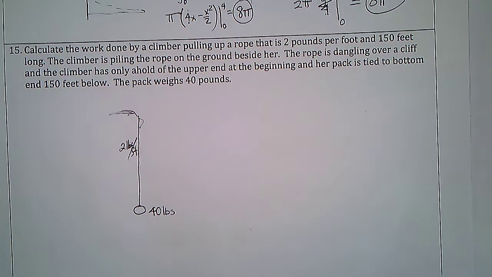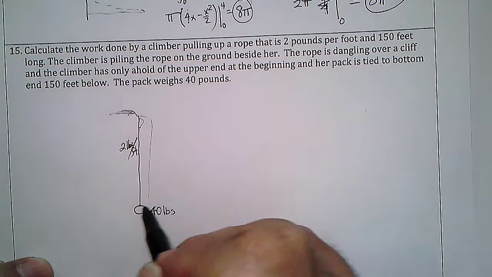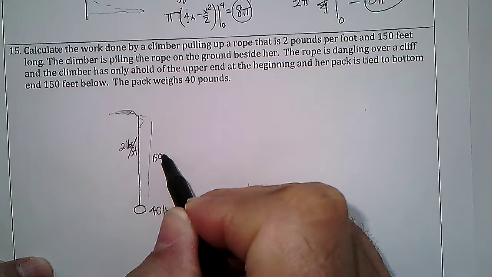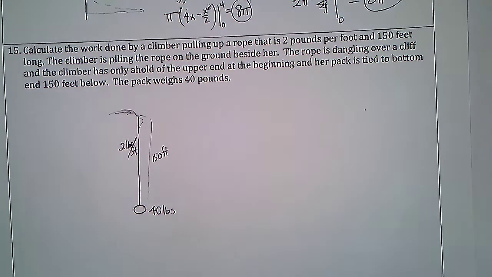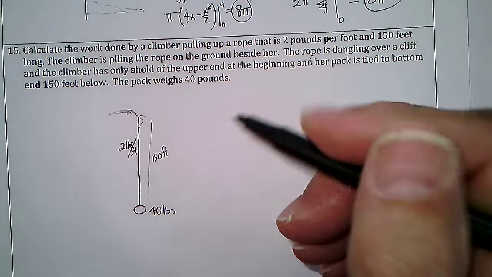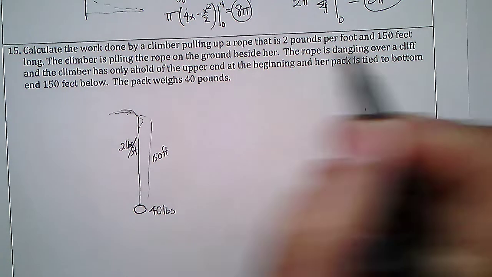And you got to pull it up, and it's 150 feet. So that's a 300-pound rope. Whoa. Amazing that they can do that. So that's probably a ridiculously too heavy rope. But anyway, that's what I made up, so we'll go with it.